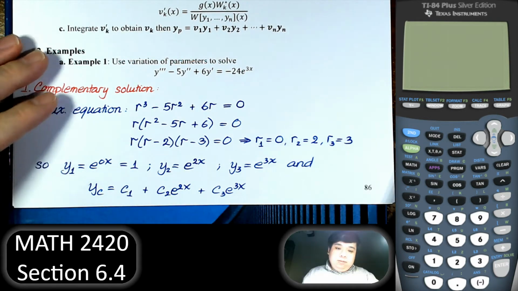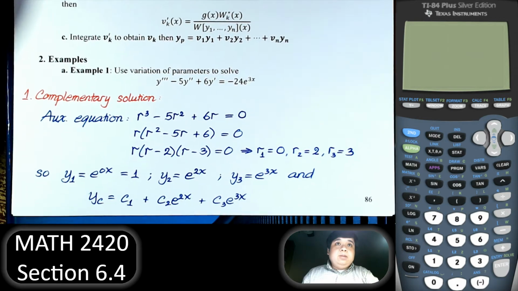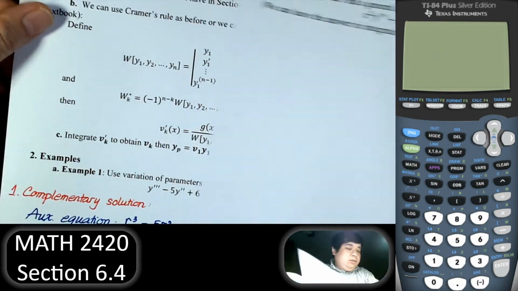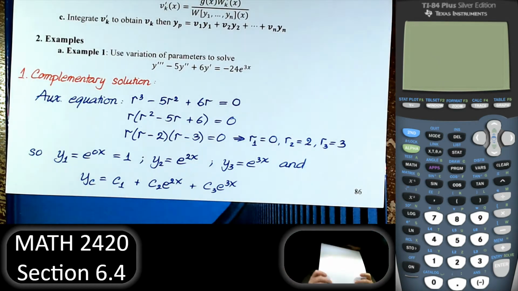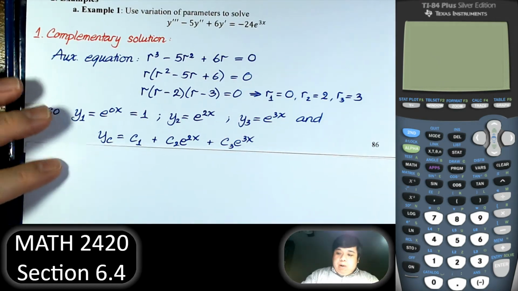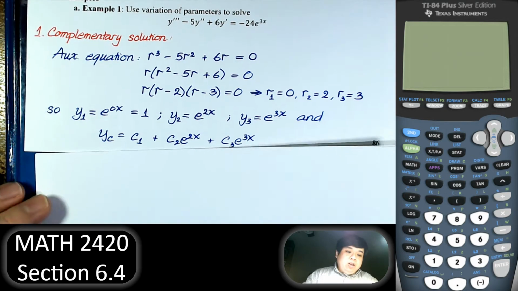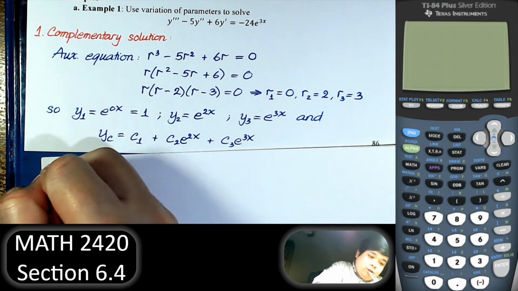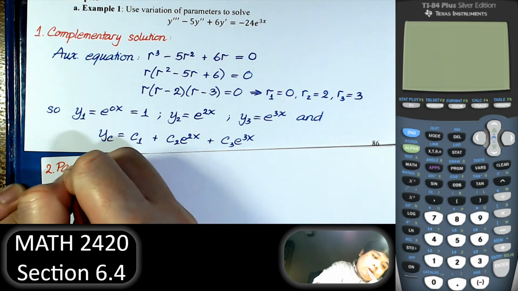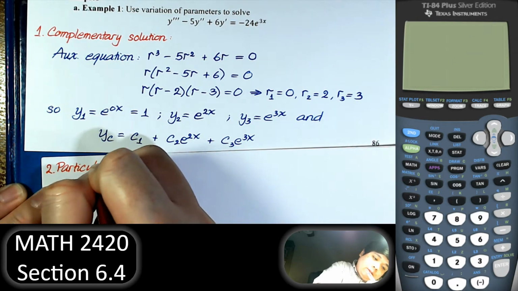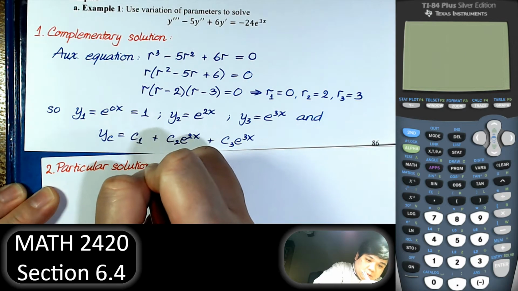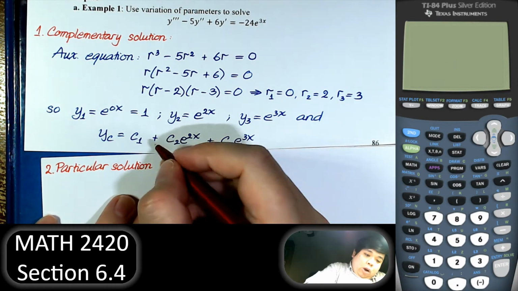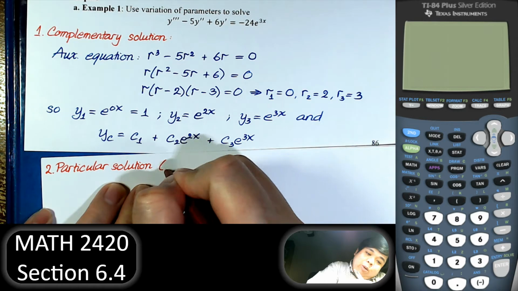Next, we will go to the particular solution, where we use variation of parameters.